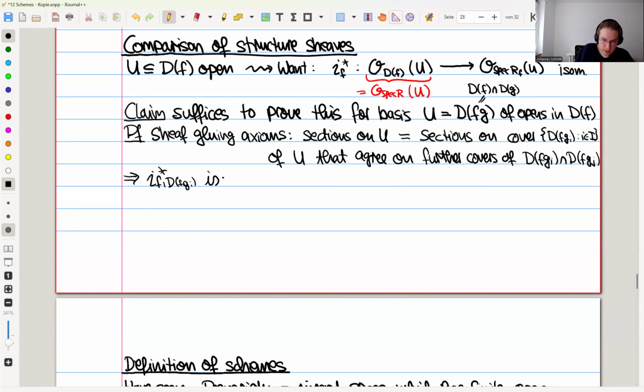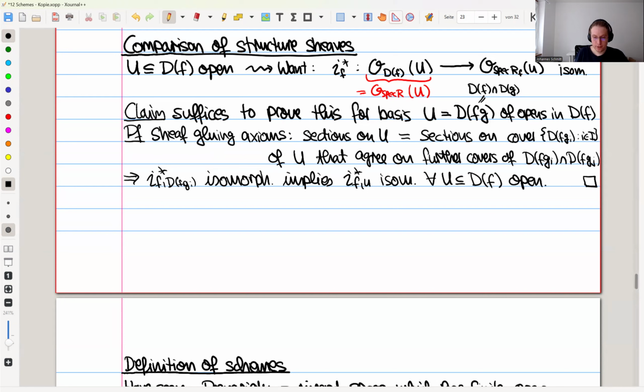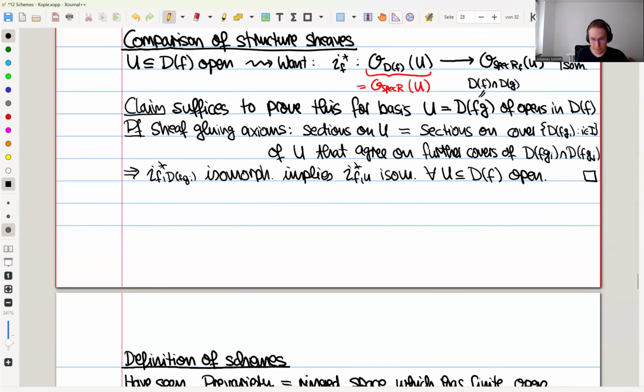If we have that these are isomorphisms, then this implies that the i_{fU}^* are isomorphisms for all U in D(f) open. So that's just a small argument proving this claim.